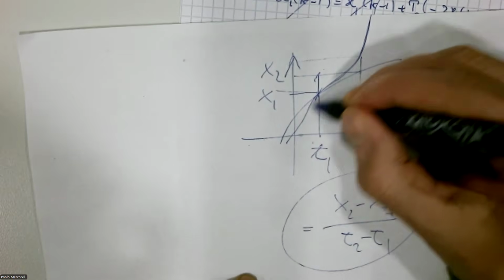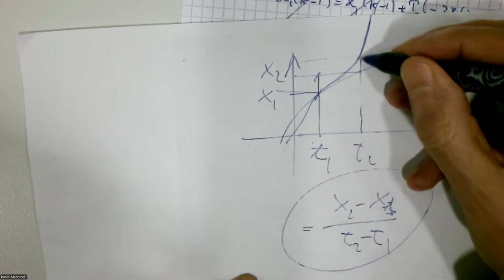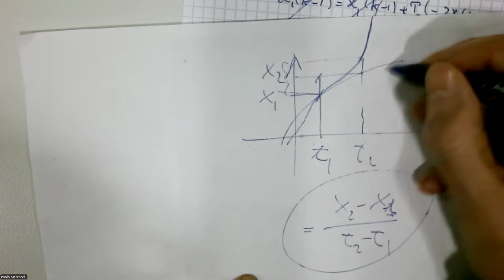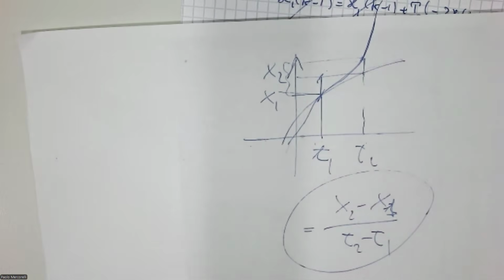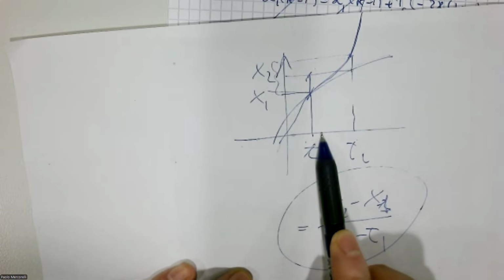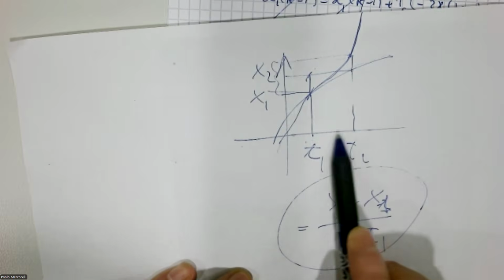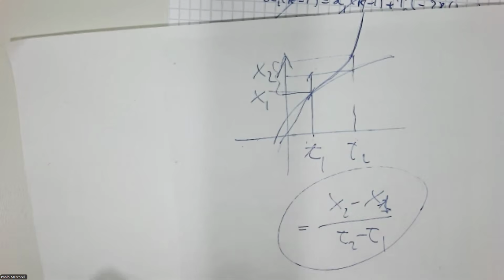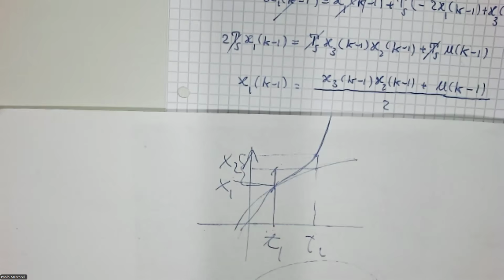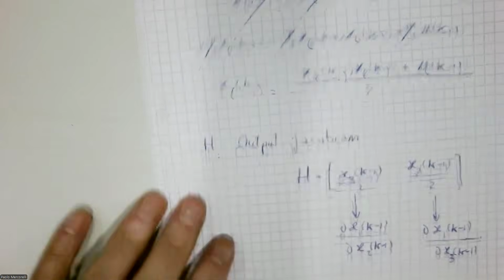This curve here between T1 and T2 moves more than this curve here. And moreover, if the interval is very small. Let me see if I forgot to say something, but if I forgot, I will come back.